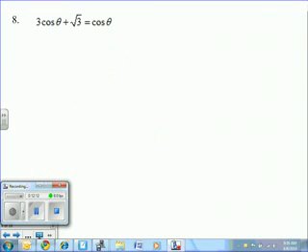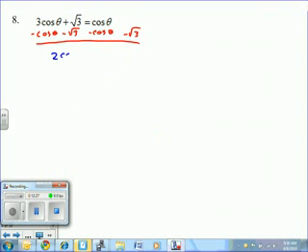All right, same thing on this problem. You're going to put your like terms together, so I'll subtract this cosine theta to the other side. And then I might as well move the square root of 3 over here. So I've got 2 cosine theta equals negative square root of 3. And then what do I do? Divide by 2.